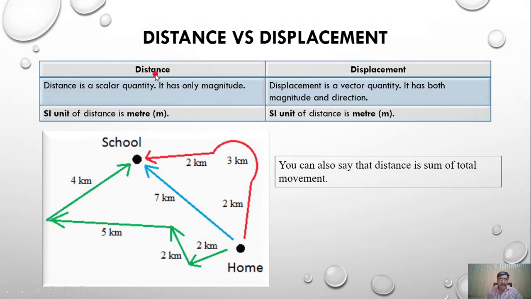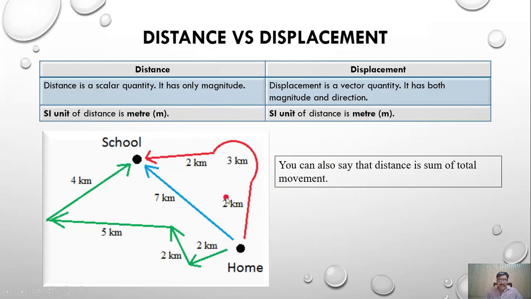So here we have some comparison between distance and displacement. Distance is a scalar quantity because it has only magnitude, whereas displacement is a vector quantity because it has both magnitude and direction, and the SI unit for both distance and displacement is meter.